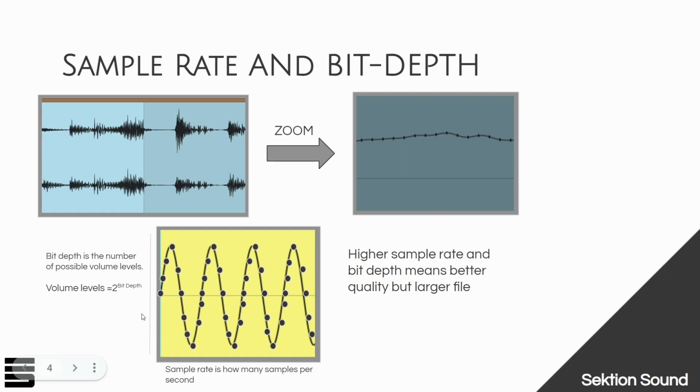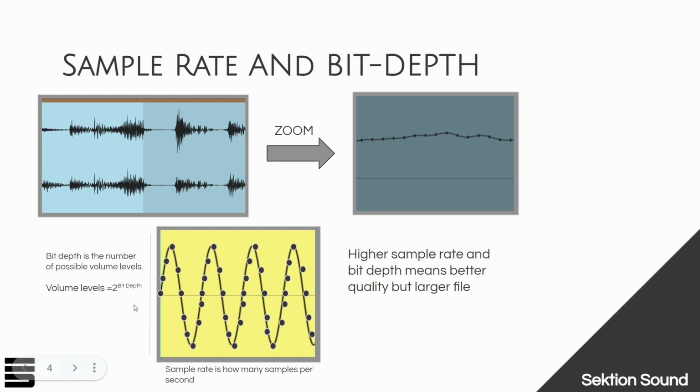Bit depth is how accurate it can record these different volume levels. So being able to see the difference between this one and this one, they're slightly different heights. The resolution of that is the bit depth. The way they calculate that is 2 to the power. So you usually see things like 16 bits or 24 bit.